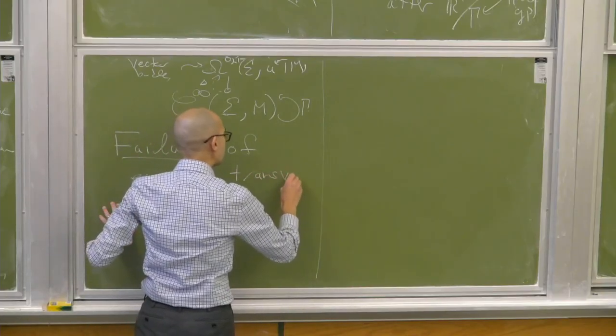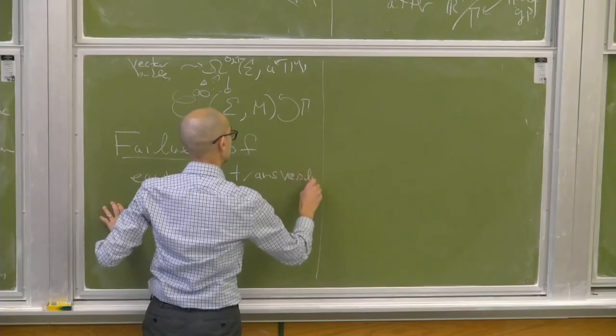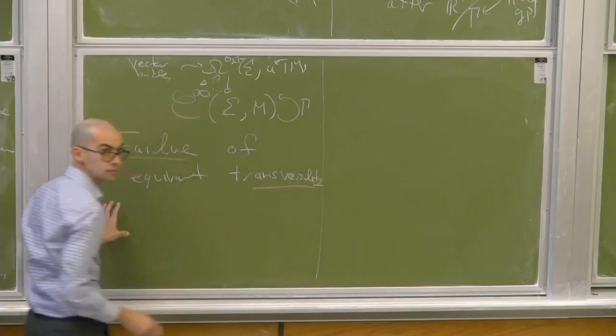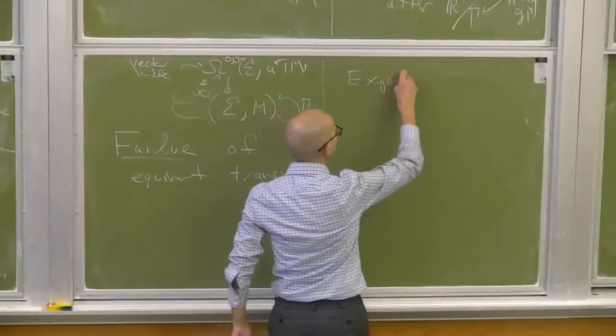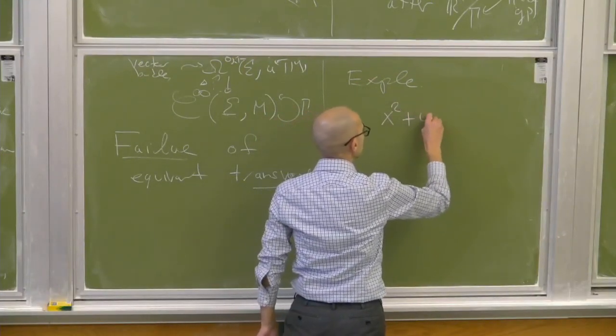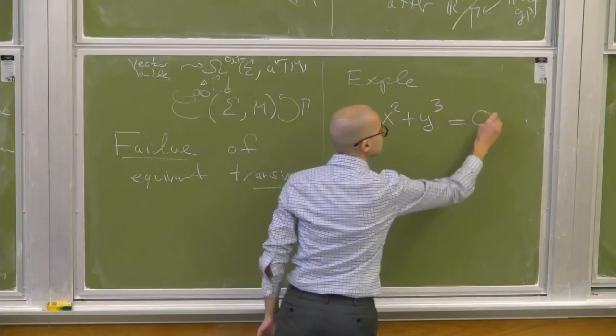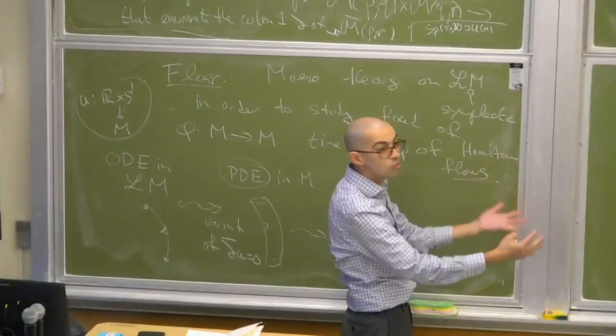I want to give a very basic finite dimensional example of transversality, to explain how bad the situation is. So my example is going to start with this singular curve. Okay? Just compute.